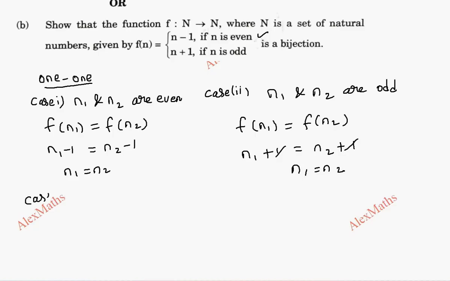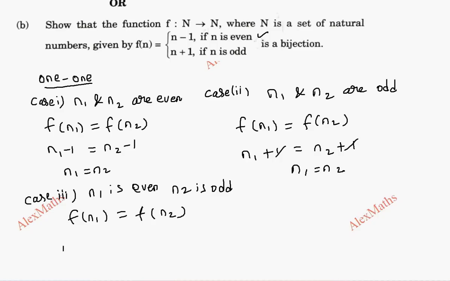Then case 3, n1 is even and n2 is odd. So when I take f of n1 equal to f of n2, when it is even it is n1 minus 1, when it is odd it is n2 plus 1. So we get n1 minus n2 equal to 2.